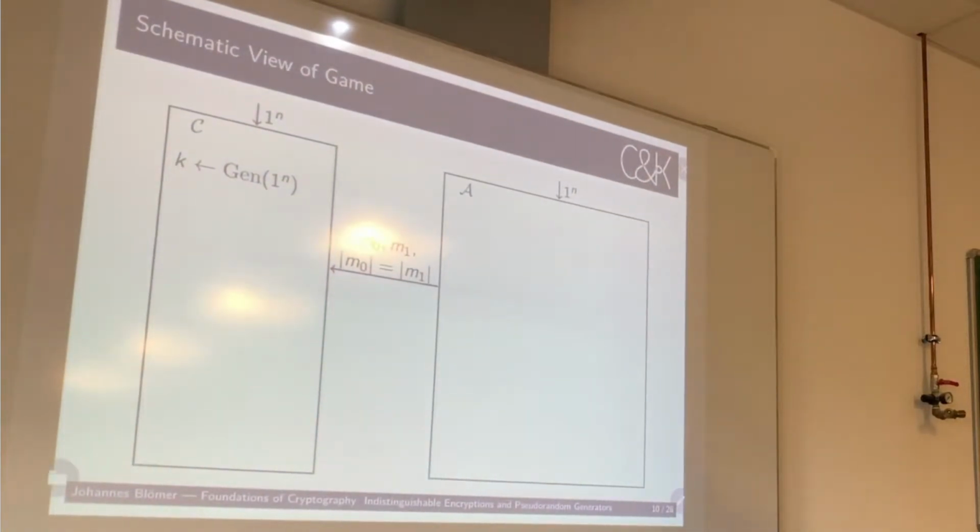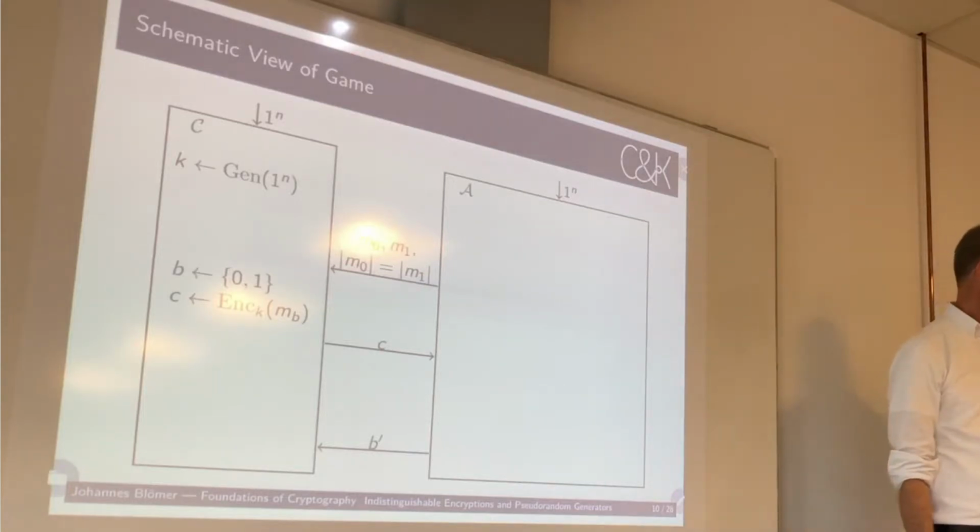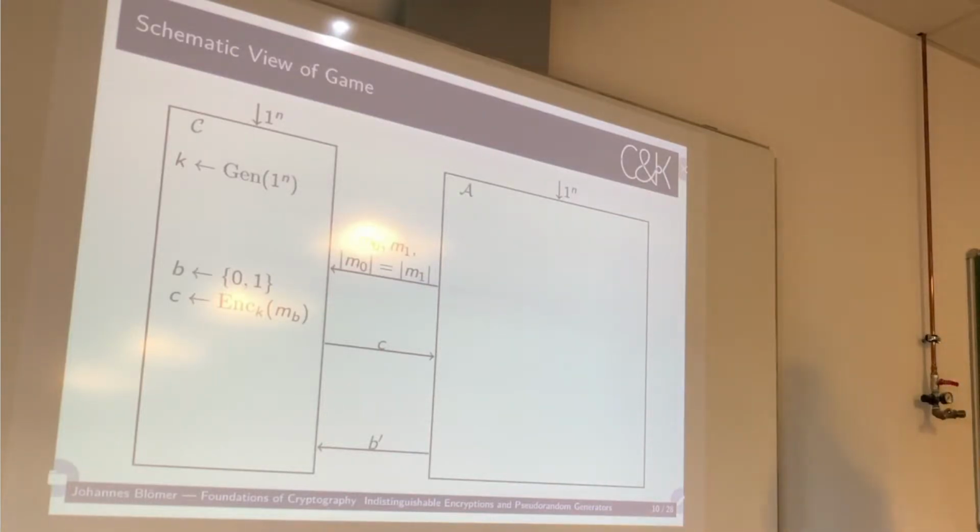A picks the 2 messages. I do not specify how it did that. It's just an A. Then we get this B, we get the C, and we get the B prime back. We'll come later on again to why we have the same length.